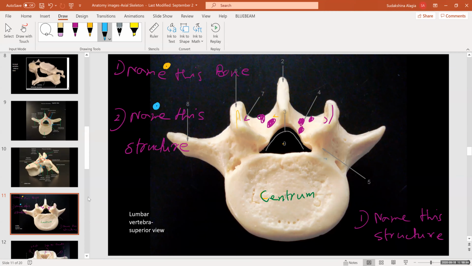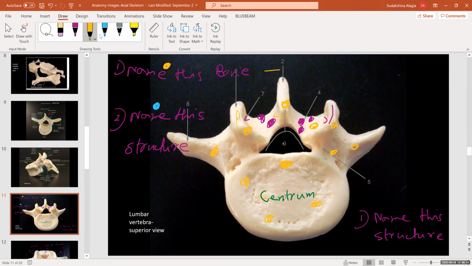For name this bone, let's say yellow stickers all around, meaning the entire bone has to be named. In that case, your answer will be lumbar vertebra. Exactly, lumbar vertebra.